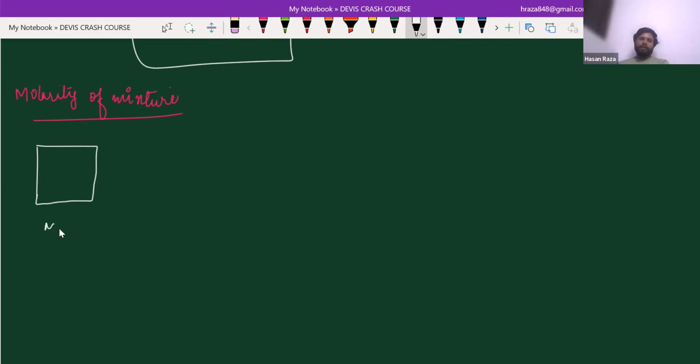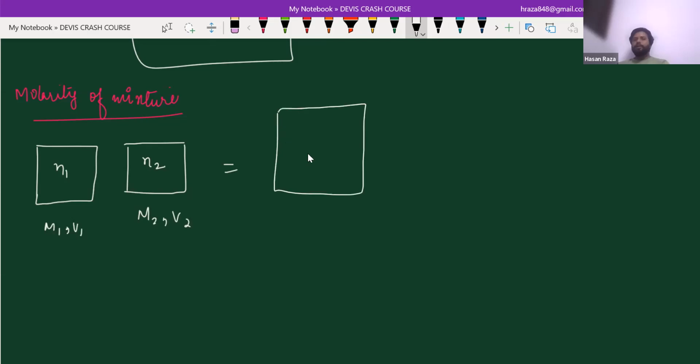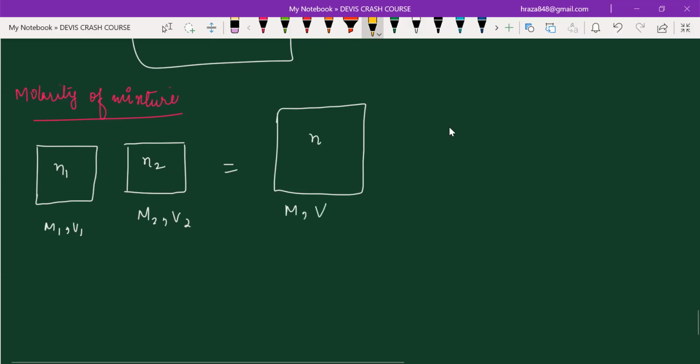Now one container has molarity M1, volume V1 and N1 moles of solute, and another container has N2 moles of solute, molarity M2 and volume V2. We are going to put these two solutions in a single bigger container which has N moles of solute, molarity M and volume V. Is that clear?